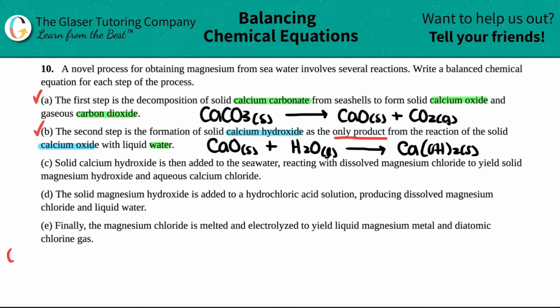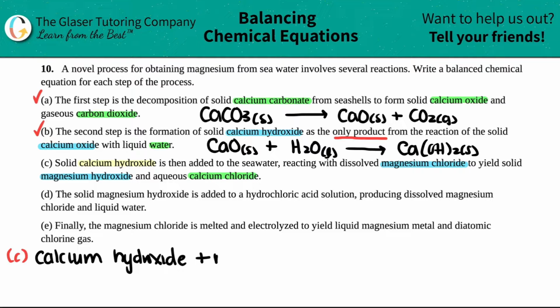Letter C. Now it says solid calcium hydroxide is then added to the seawater, reacting with dissolved magnesium chloride to yield solid magnesium hydroxide and aqueous calcium chloride. Okay. So let's see. Calcium hydroxide is added to the seawater, but it's reacting with only dissolved magnesium chloride.